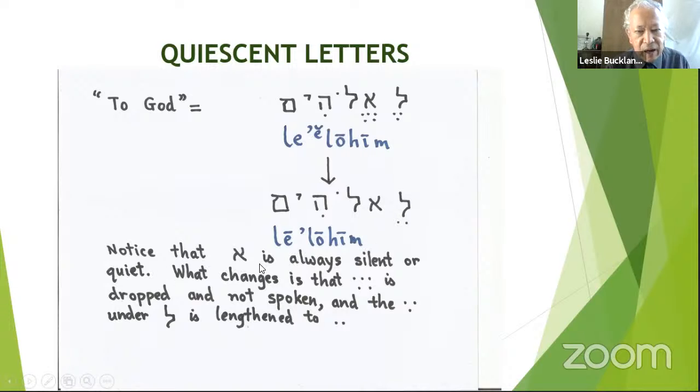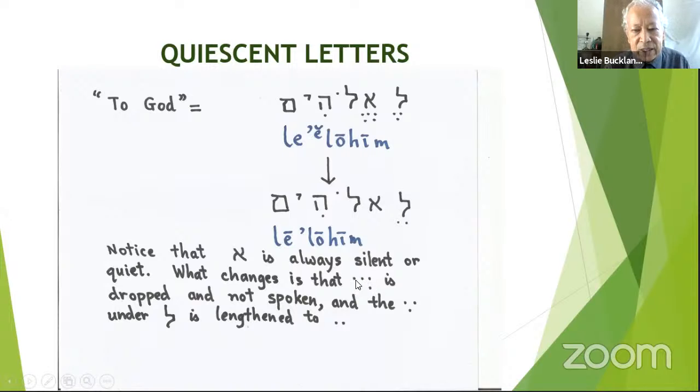So notice that aleph is always silent or quiet. We don't pronounce aleph ordinarily. What changes is that katef segol, which is the simple schwa with the segol to the left side of it, making it a compound or composite schwa, called in Hebrew katef segol.